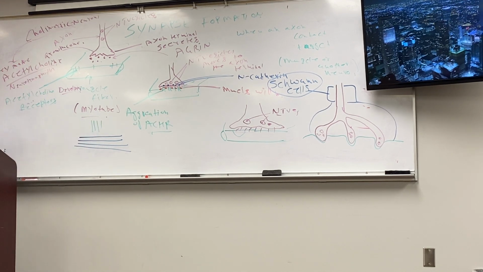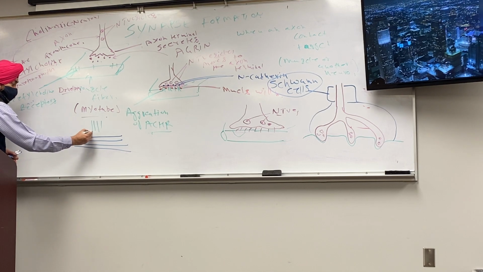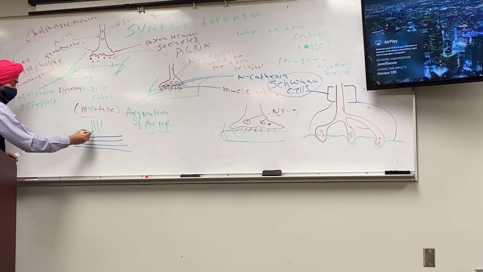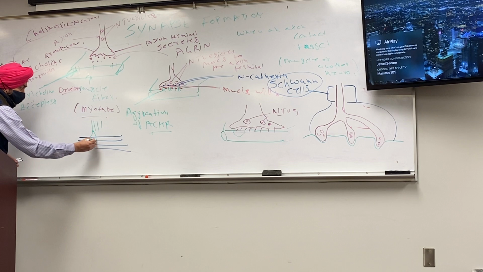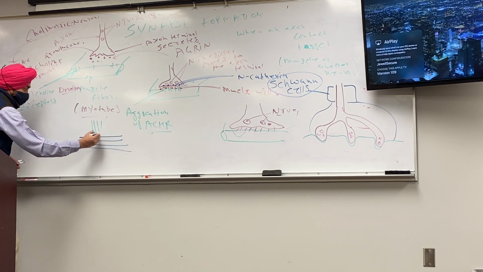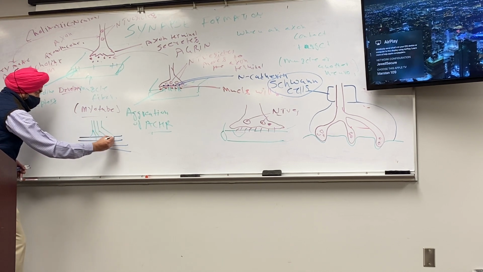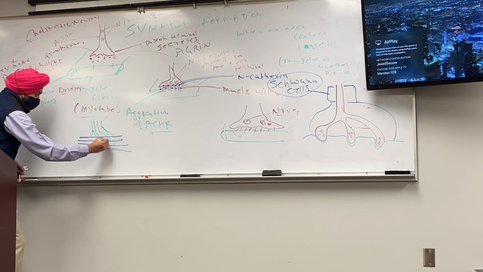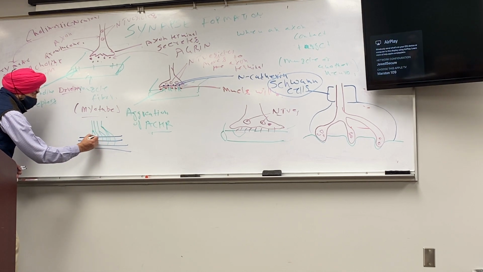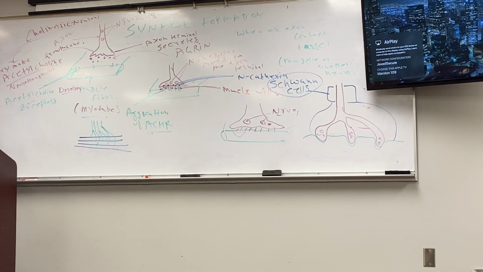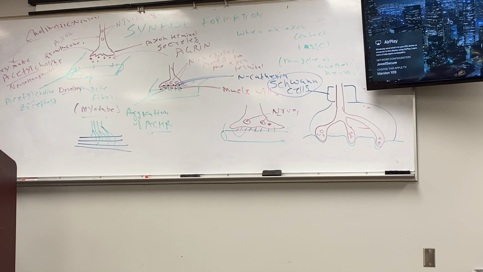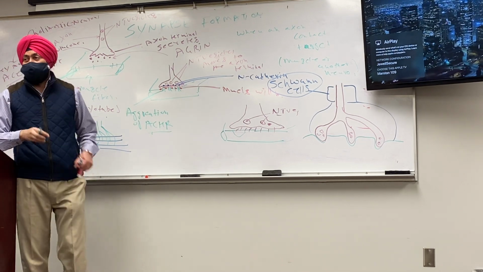So this axon can make a branch, can make a connection here, make a connection here. This can also make connections here and here. Multiple connections it can make in this stage. That is what is happening in the development.